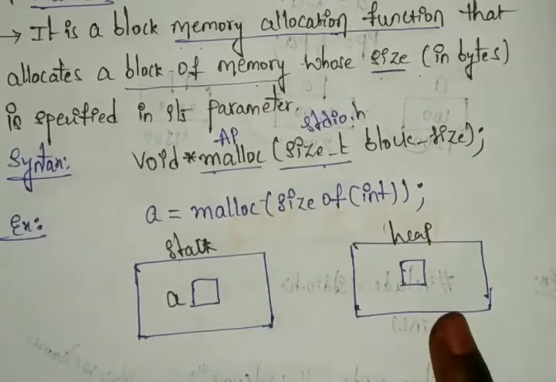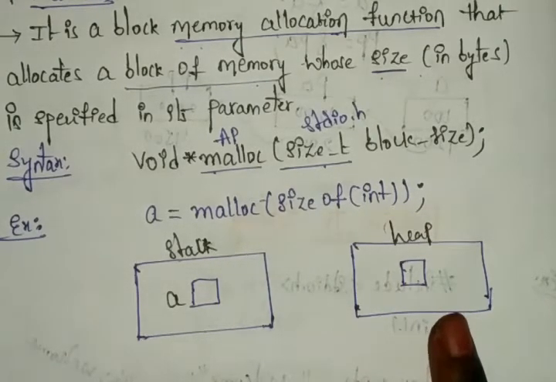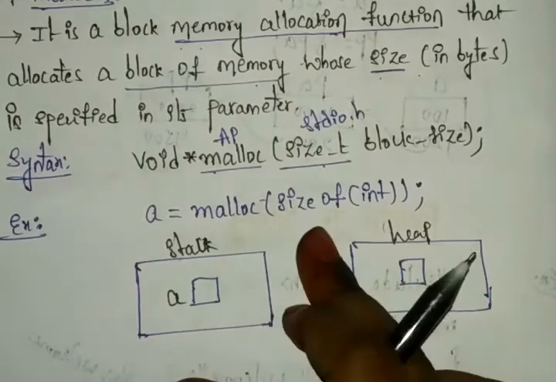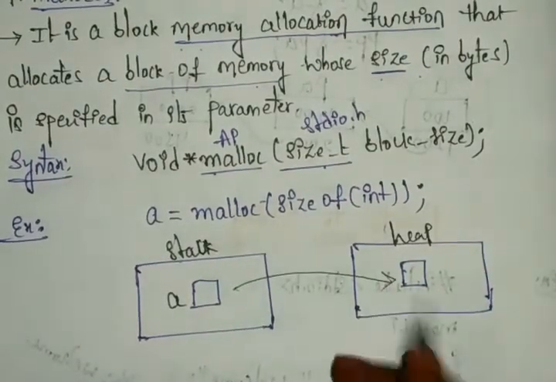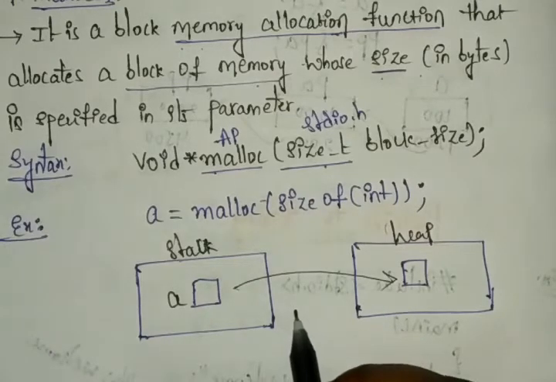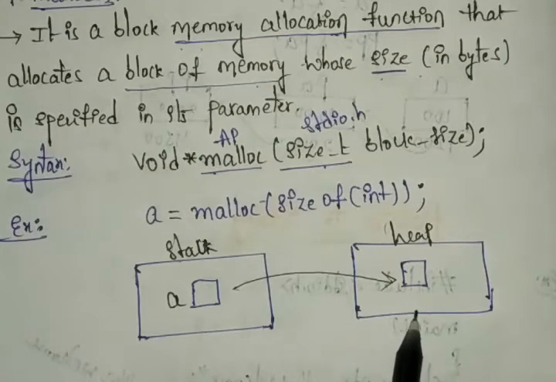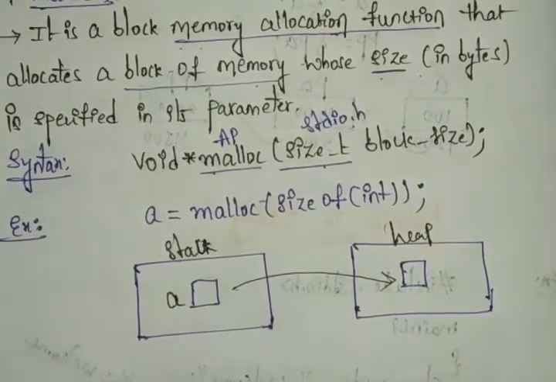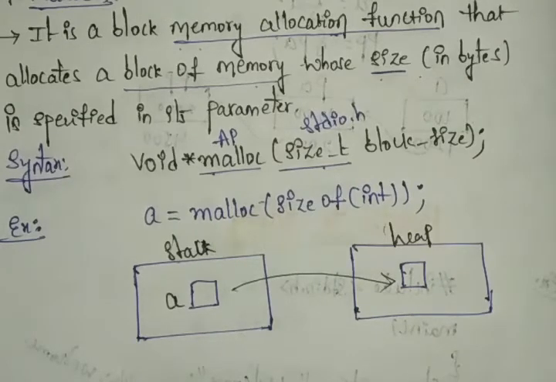But the heap holds the unused memory. The unused memory in our program can be used to allocate memory dynamically. So now the variable a will be allocated dynamically in the heap.